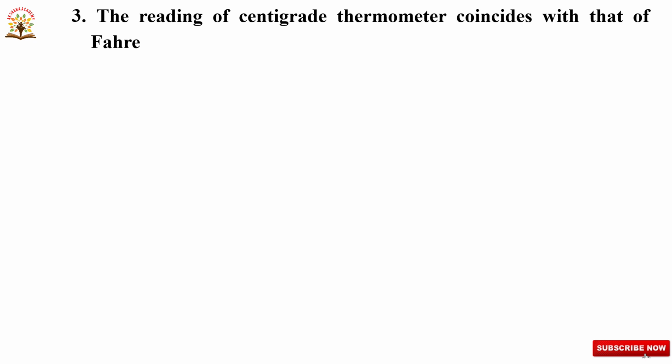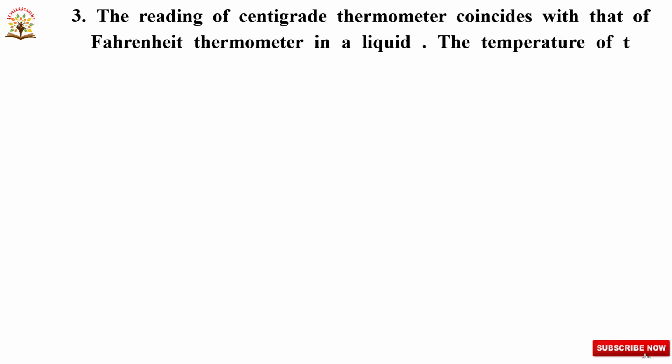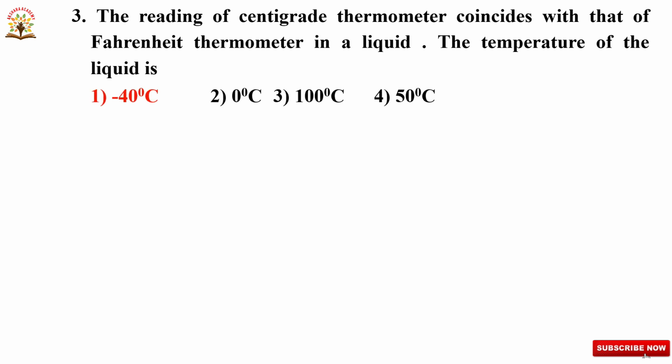Okay, next we will go to the next question. Third one, the reading of a centigrade thermometer coincides with that of a Fahrenheit thermometer in a liquid. The temperature of the liquid is, here they given that the centigrade thermometer and Fahrenheit thermometer readings are the same. So now let us go to the solution.